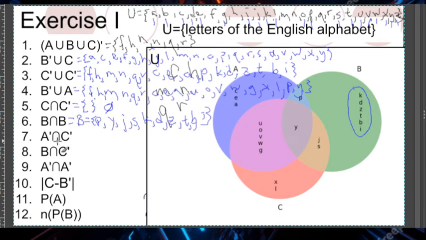Okay. A naught intersect with C naught. Let's see, I want to change my color here, so I'm going to go off.